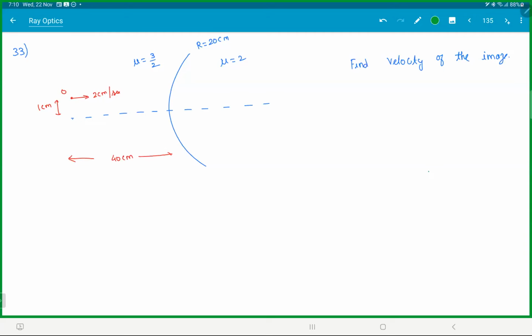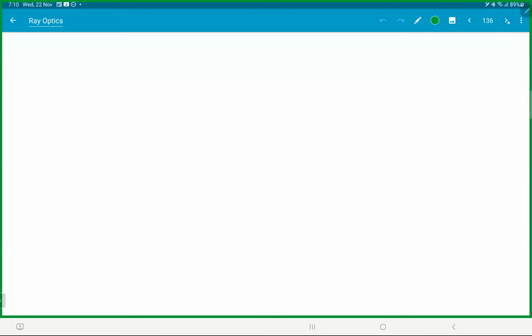Let me help you with the first part. So the formula is mu2 by v minus mu1 by u is mu2 minus mu1 by r. Differentiate with respect to time. Okay. So this formula becomes minus mu2 by v square dv by dt. Hope you remember the differentiation. This is mu1 by u square du by dt.